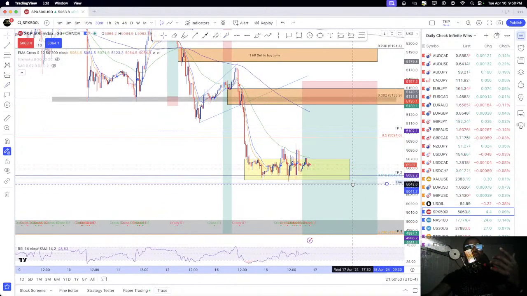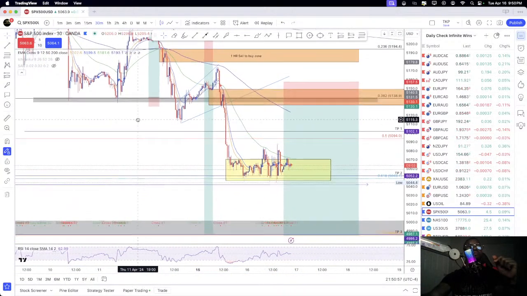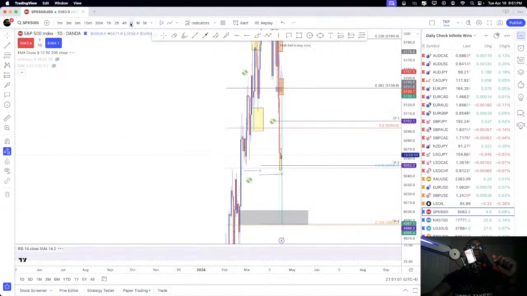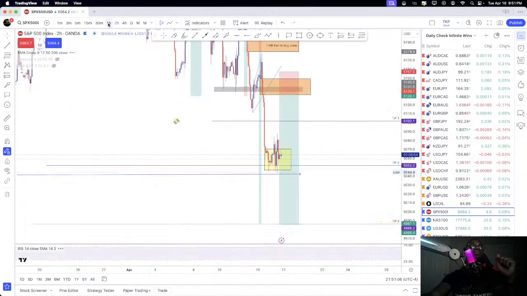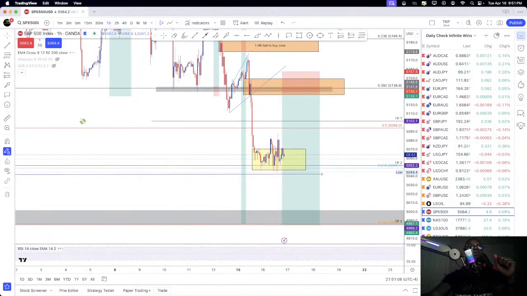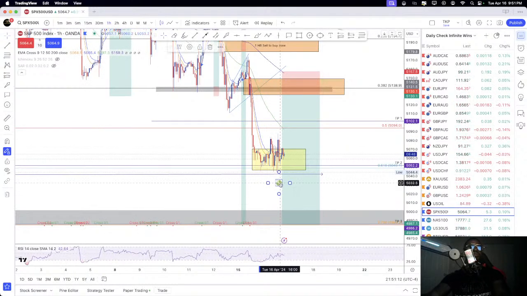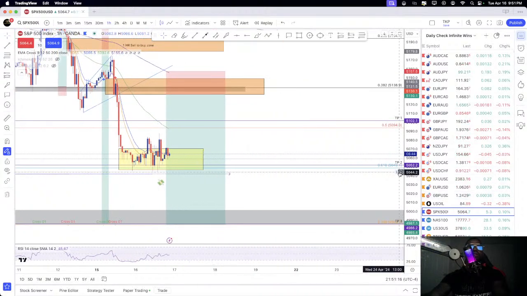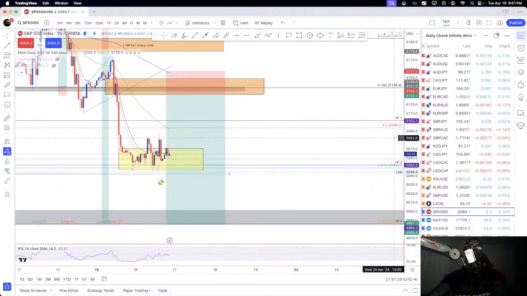Because normally when you see a flag, that flag will be retested at some point. What was that on a daily? 4 hour. Okay, 1 hour. So we set an alert below, set an alert above.